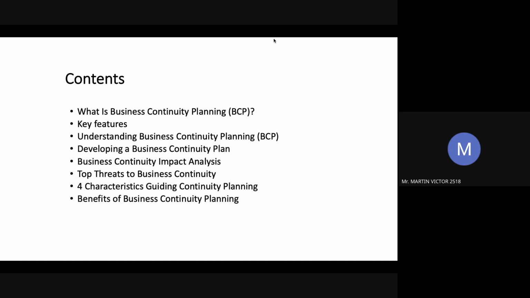The contents of this presentation: we will see what business continuity planning is, what the key features are, then understanding the business continuity plan, developing a business continuity plan, impact analysis, the top threats for business continuity, the four characteristics guiding continuity planning, and the benefits of BCP.